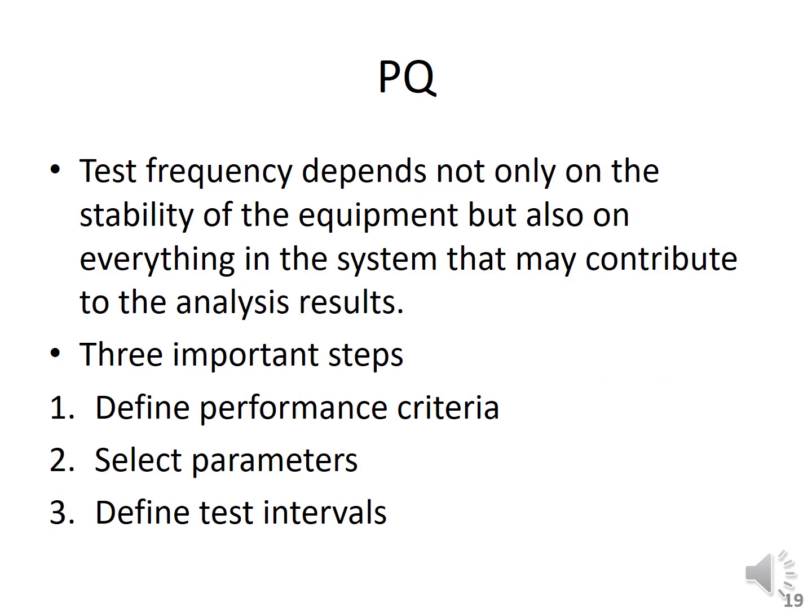Now, the performance qualification, a few more things. Test frequency depends not only on the stability of the equipment, but also on everything in the system that may contribute to the analysis results, right?